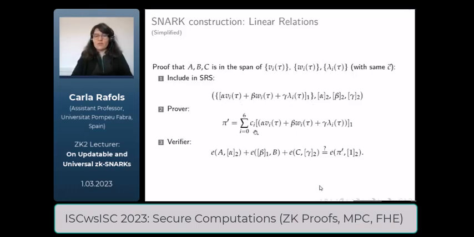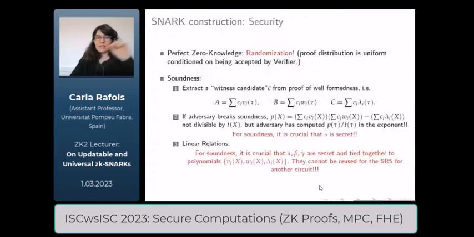To create such a proof, he also needs to use the same Ci for A, B, and C. Anyway, what is important for you to remember is this way of proving all these values in the common reference string. So this is the key thing to remember.